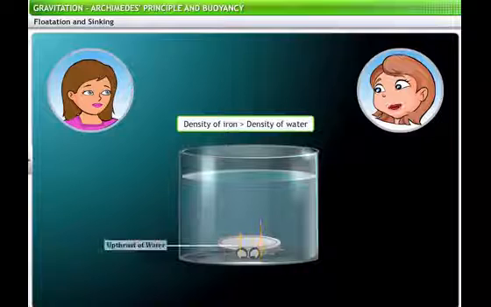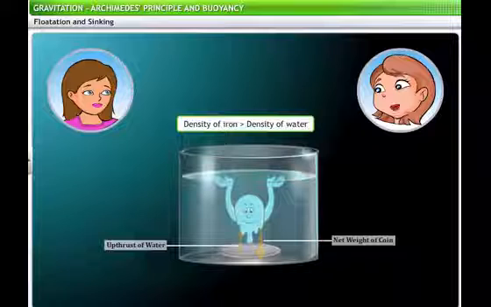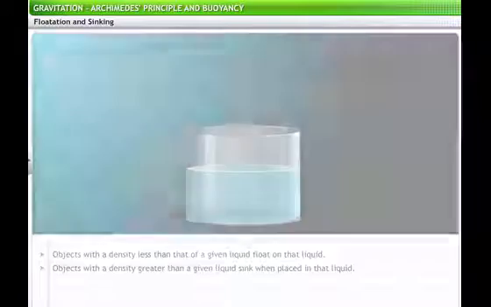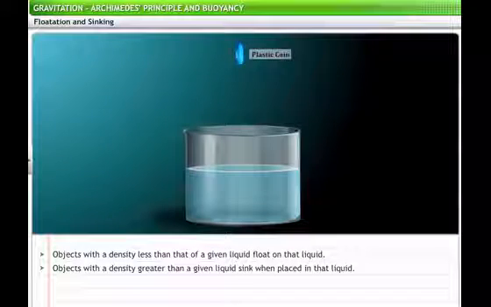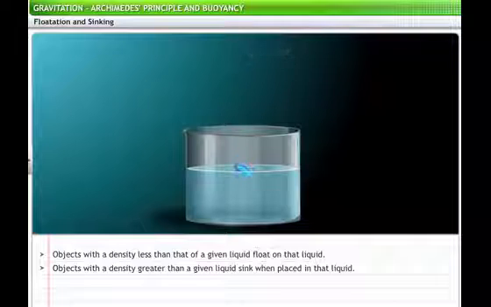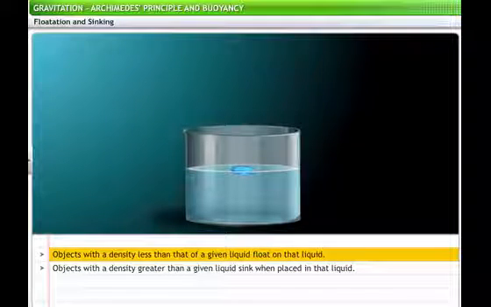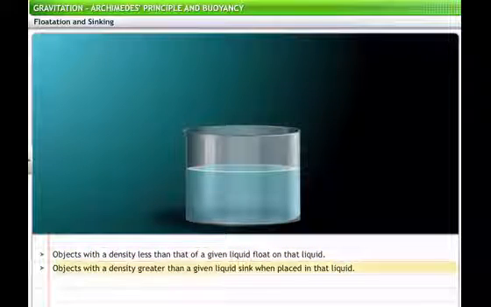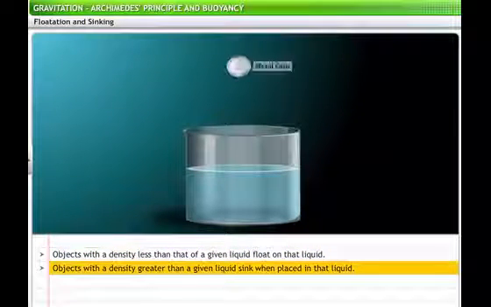Therefore, the upthrust of water on the metal coin is not able to overcome the net weight of the coin. Thus, according to the principle of buoyancy, objects with a density less than that of a given liquid float on that liquid. Objects with a density greater than a given liquid sink when placed in that liquid.